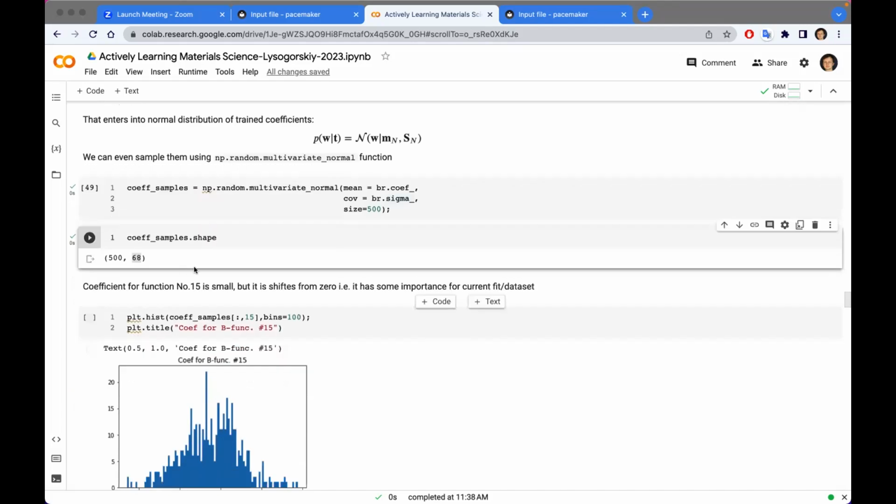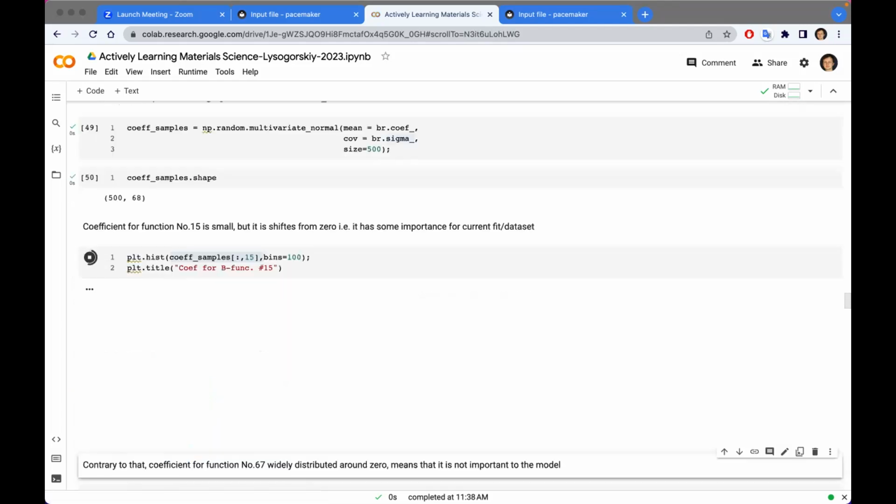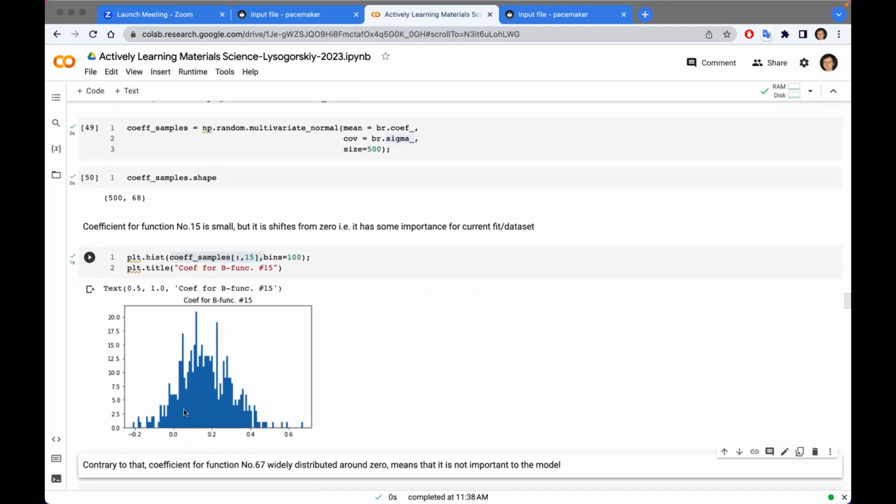For example, let's consider function number 15. We just plot the histogram of the parameters for function number 15. What can we learn? Because we sample from the Gaussian distribution, it looks more or less Gaussian. It's centered not at 0, so 0 is here. If you know what the p-value is when you fit linear models, it's actually like one side of that.